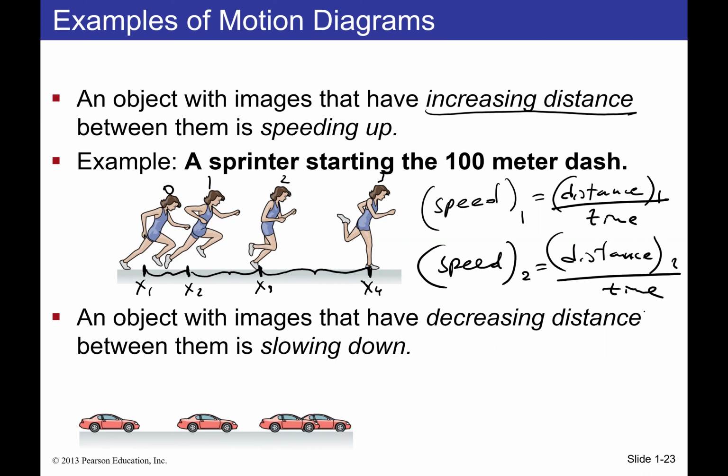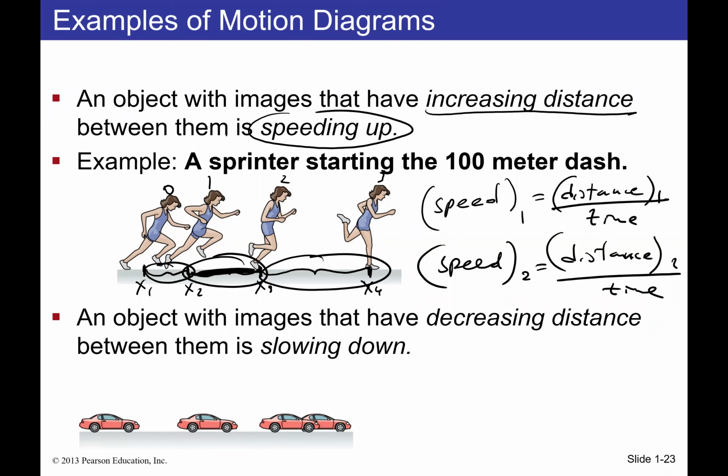Why? Because distance 2, this much distance, is greater than this distance. And the third one is going to be an even longer distance. So that means the speed is going to be increasing. So this is what we call an object in the process of speeding up. So it's increasing its speed, it's speeding up.